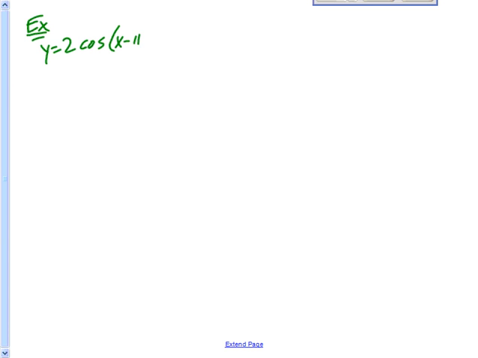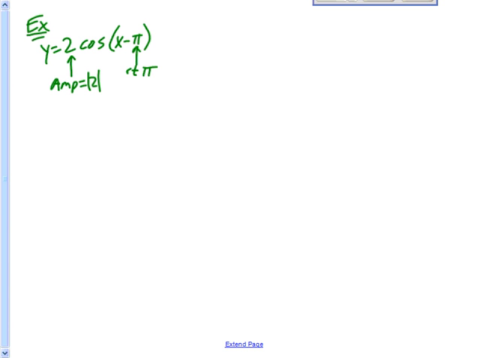Or you know what? Let me move it. How about this? X minus pi. So that right there is going to move your cosine function to the right pi, and then your amplitude is now 2, right? So your amplitude, absolute value 2, which is 2.